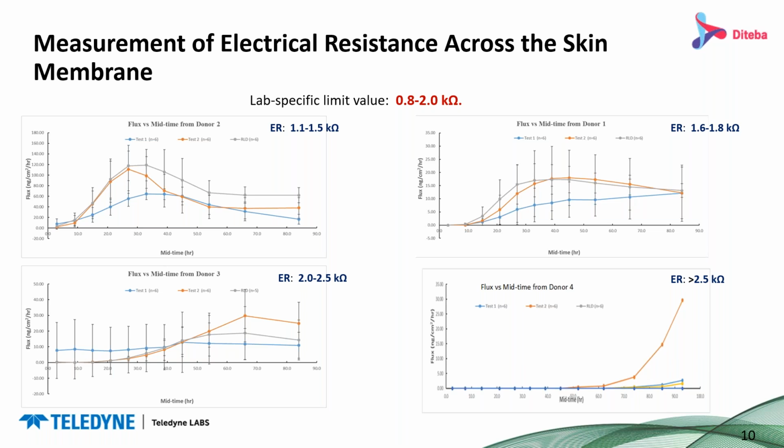Again, the standardized value of resistance is determined in our settings, and other labs need to establish their own acceptance range. Conducting skin donor qualification testing during method development is recommended to ensure donors meet acceptance criteria. Using 2 independent methods like TER and TEWL can help avoid unusable IVPT data in pilot and pivotal studies.